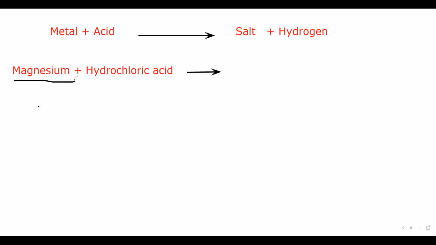The metal will take the position of the hydrogen, the metal will displace hydrogen. So it will produce magnesium chloride plus hydrogen.